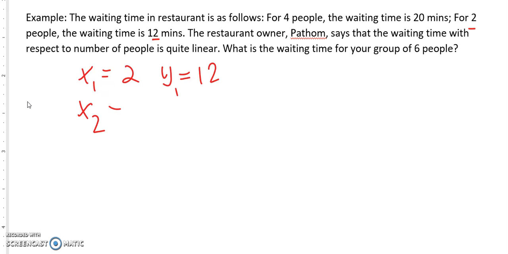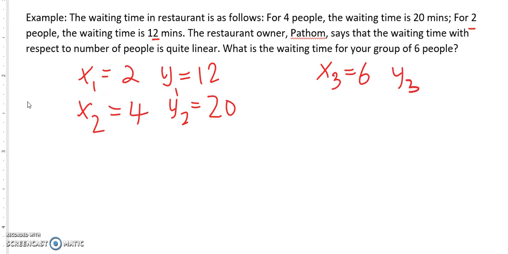Similarly, x2 is equal to 4 and y2 is equal to 20. Now, what is the waiting time for 6 people? What we are trying to do is find x3 equal to 6, and what is y3? That's what we are trying to find out.